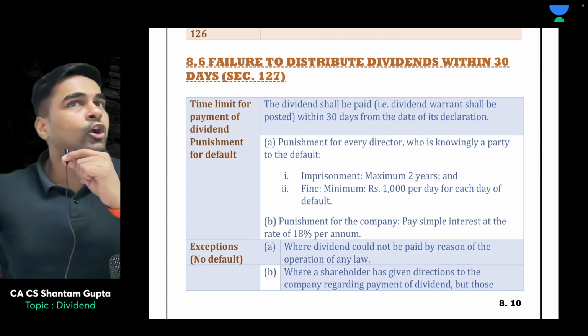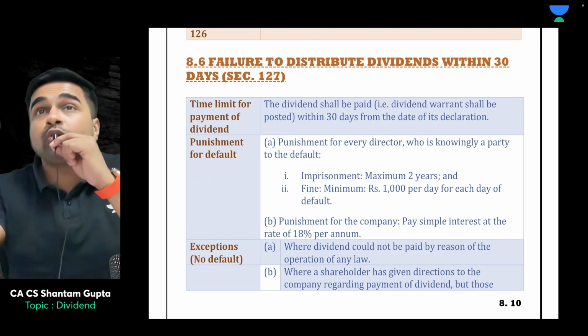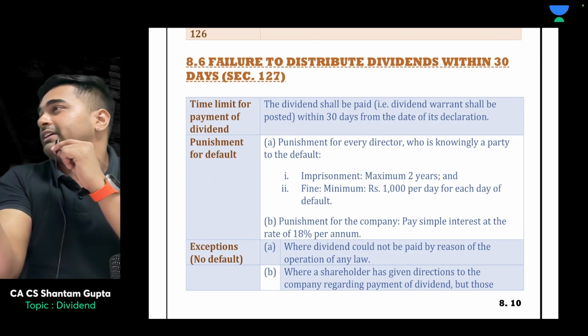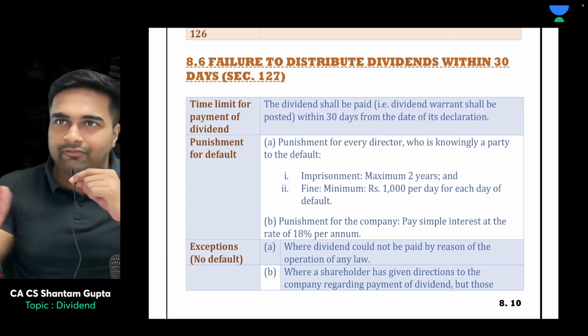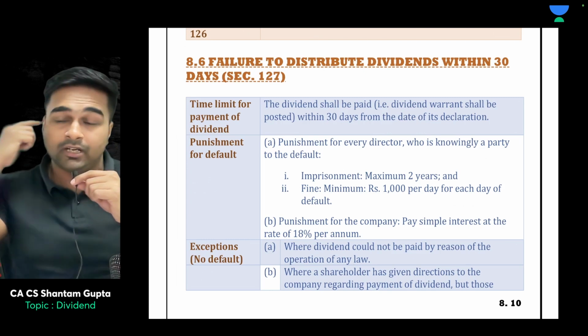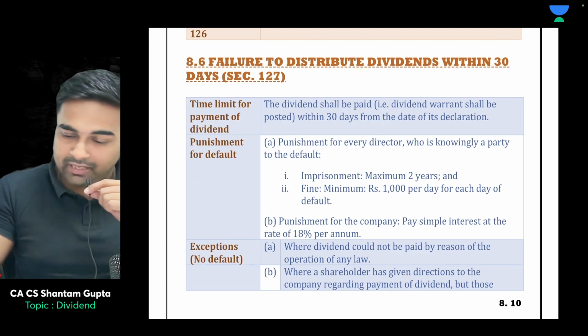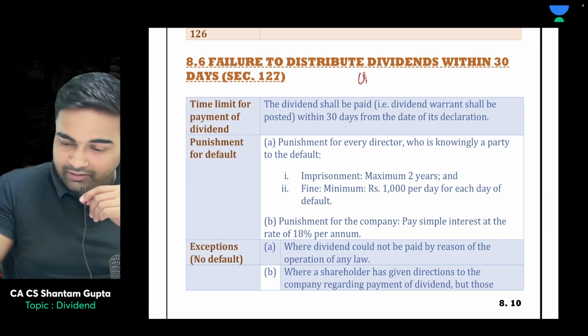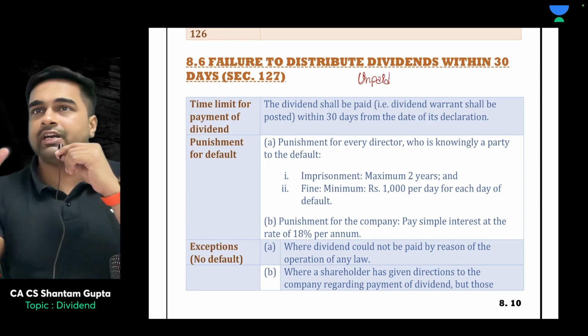That is your fault, not the company's fault. Unpaid is I didn't put money in that account after declaring dividend. So how will you come to take the payment? Understand the difference between unpaid and unclaimed. So this is a penalty not for unpaid. It is a penalty for unpaid dividend. Means the company has not paid the dividend.